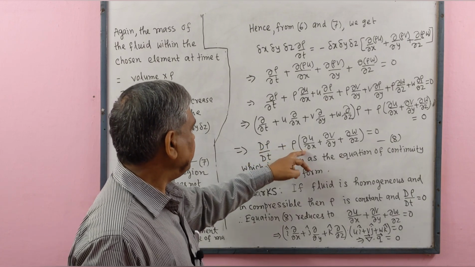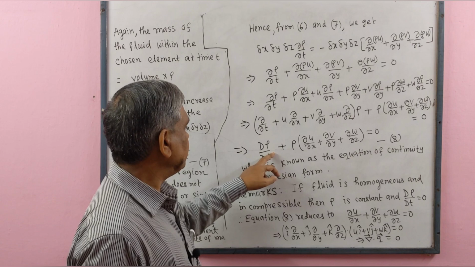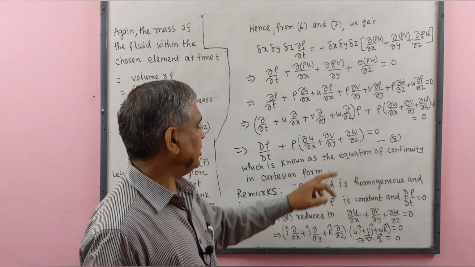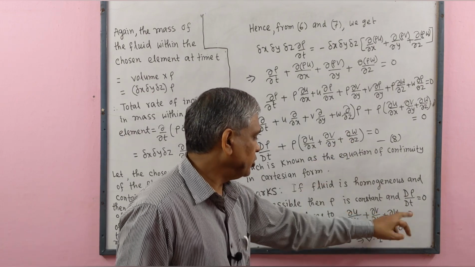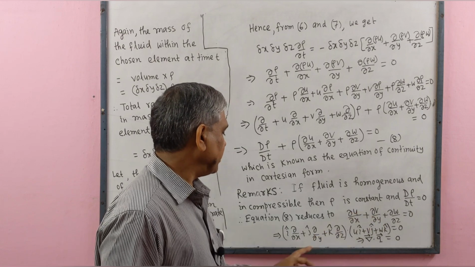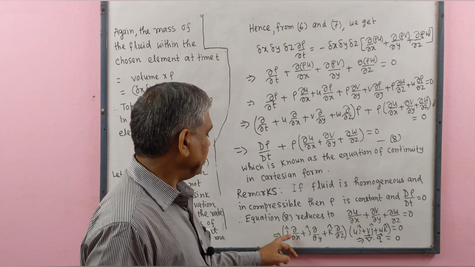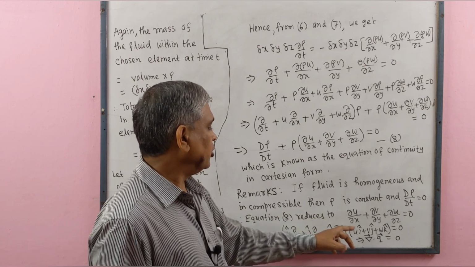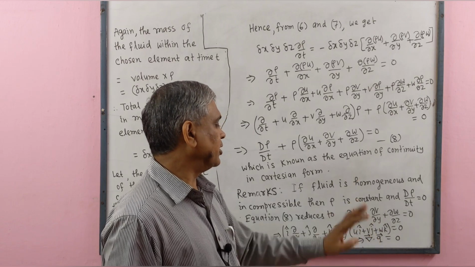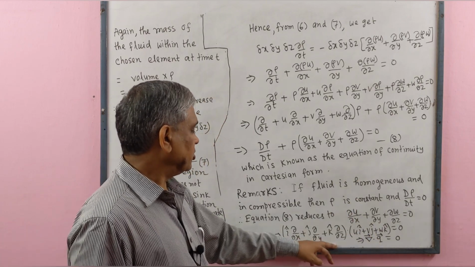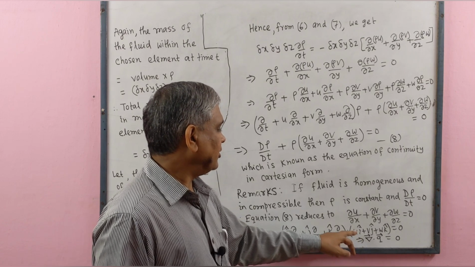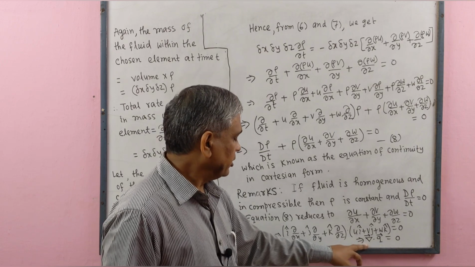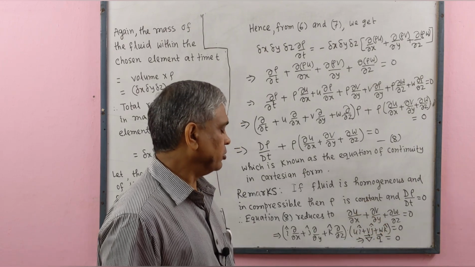Therefore from equation 8 we get del u by del x plus del v by del y plus del w by del z equal to 0. We may write this equation as i del by del x plus j del by del y plus k del by del z dot ui plus vj plus wk equal to 0. This is called nabla, and this is the velocity of the fluid q. Nabla dot q equal to 0.